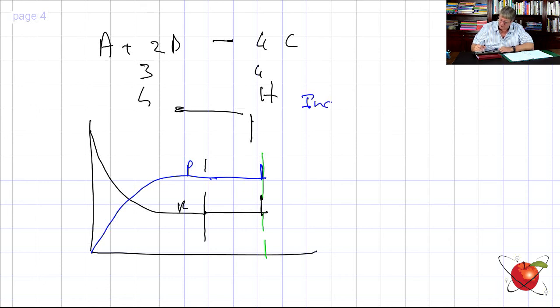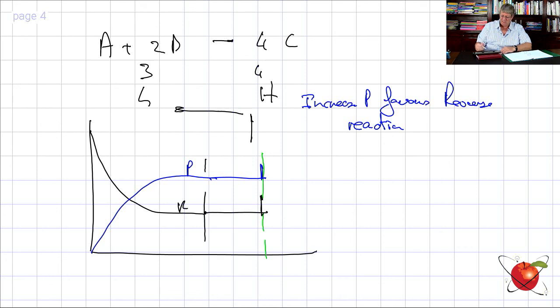So increase pressure favors reverse reaction, which means I go that way. Which means what? It means my reactant is going to go up and my product is going to fall.